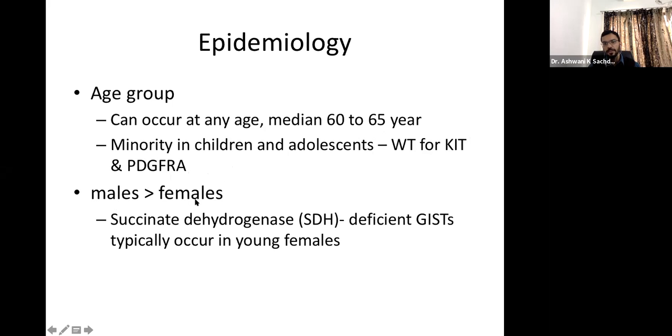Males are more likely to develop GIST than females, but in young females, SDH deficient GISTs are more common. They are syndromic GISTs. So, GISTs associated with some syndromes are more likely to be wild type for KIT and PDGFRA. They are more associated with SDH deficiency and more likely to occur in children and young females.